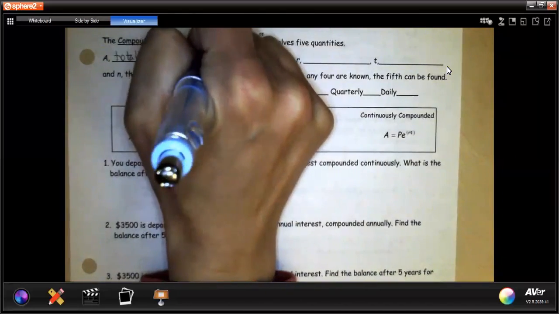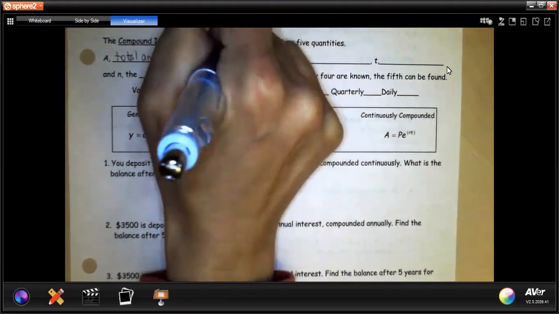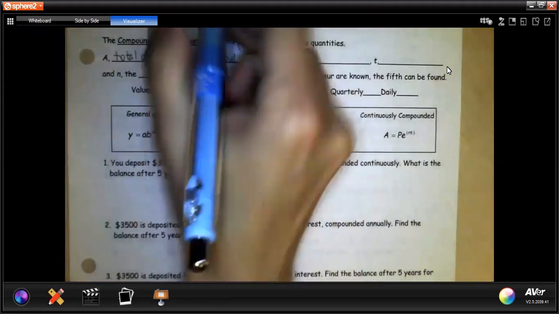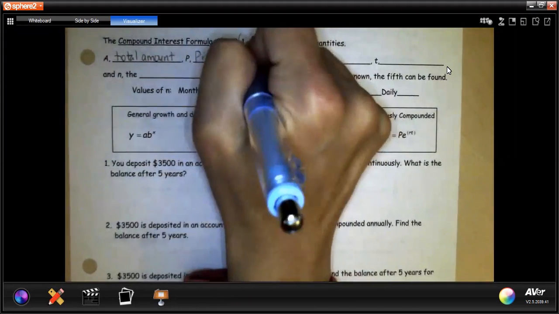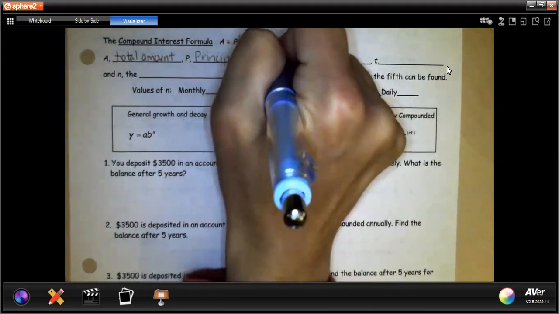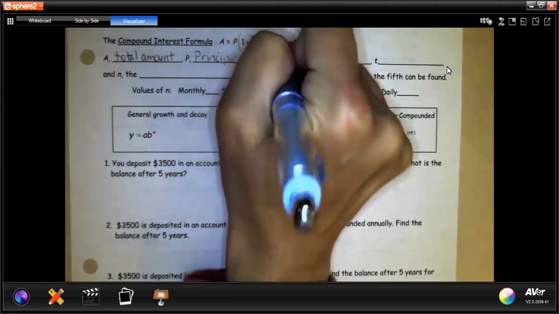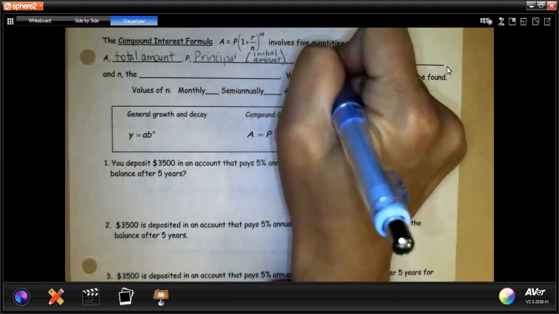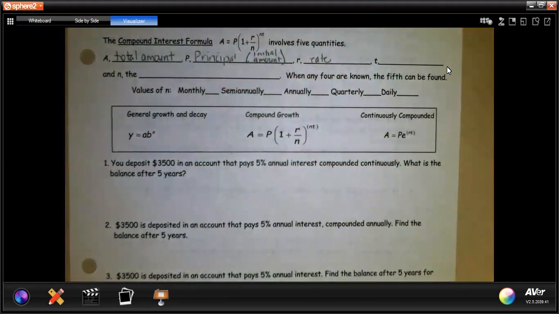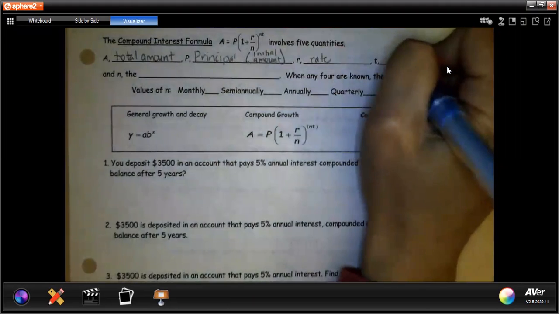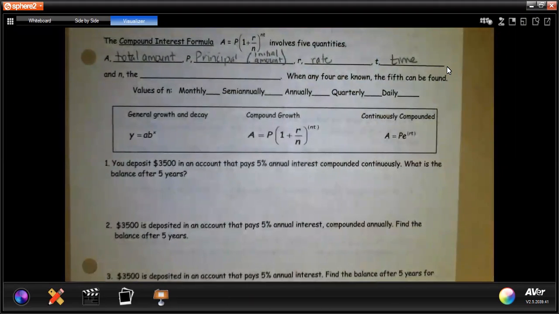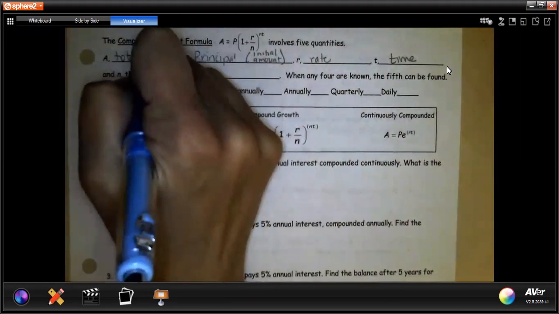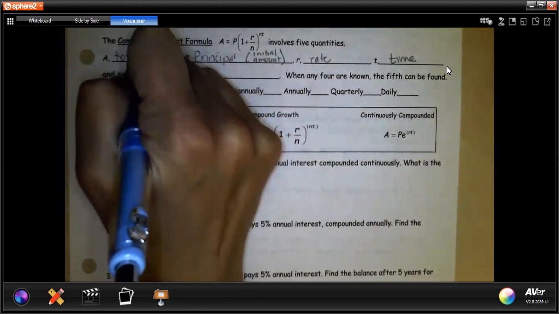So this is principal, which is the initial amount. R is the rate. And remember, that's a percentage turned into a decimal. T is time, so none of those have changed. And N is the number of times compounded.